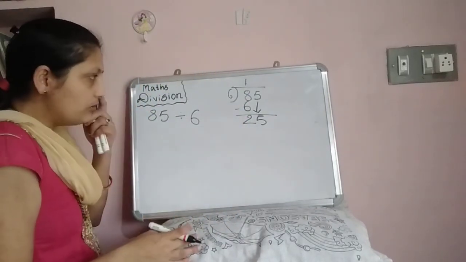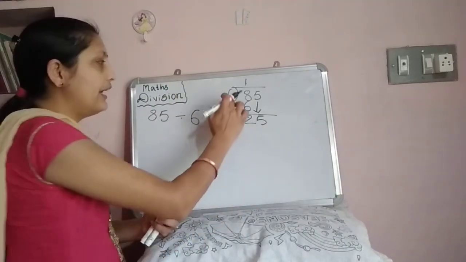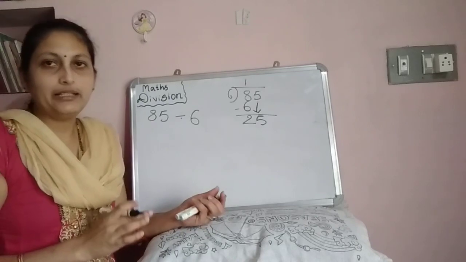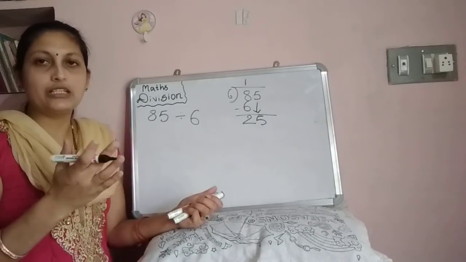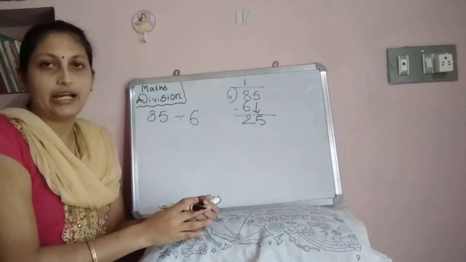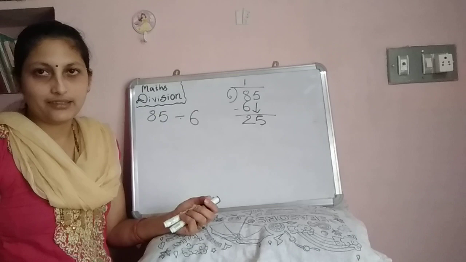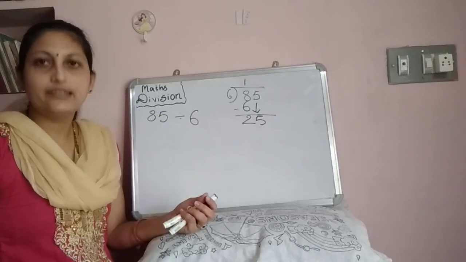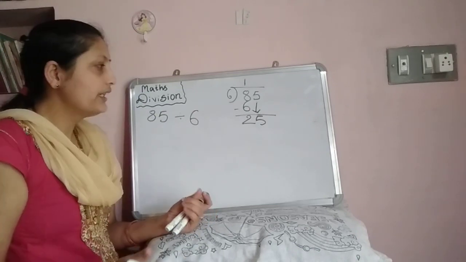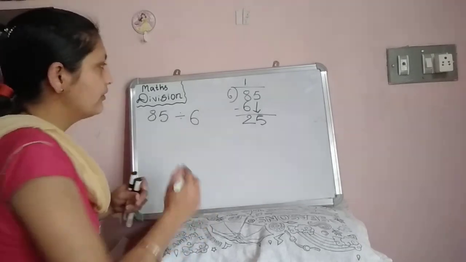Now this 25, you will not get 25 in the table of 6. But which number in the table of 6 is less than 25? So 6 1s are 6, 6 2s are 12, 6 3s are 18, 6 4s are 24.